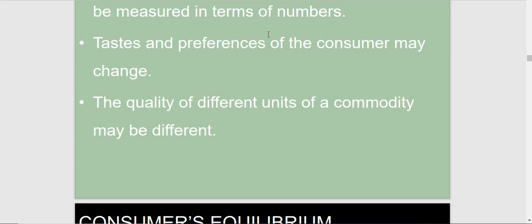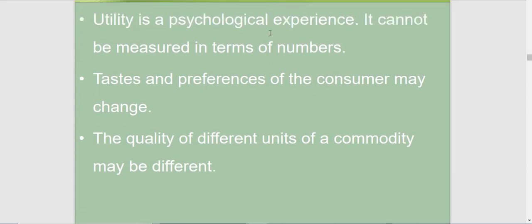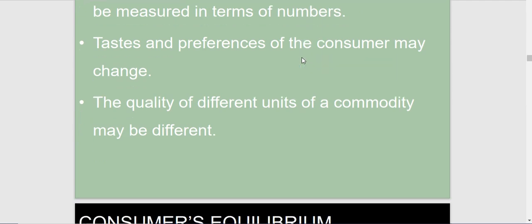This is the problem: for one person, he may like to stop after consuming 7 apples, another person may like to stop after consuming 4. Here, for the sake of simplicity, we are only taking one person's satisfaction at a time, and we are not comparing the satisfaction of two or more persons. So utility is a psychological experience. It cannot be measured in terms of numbers. That is why the term utils is taken to measure satisfaction.